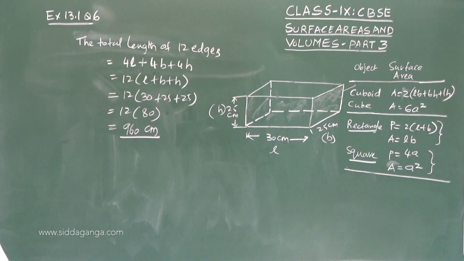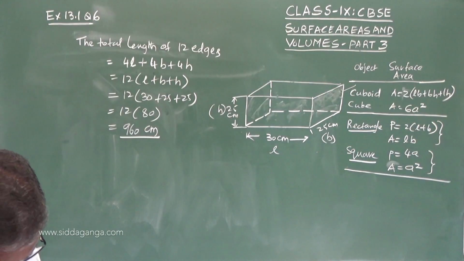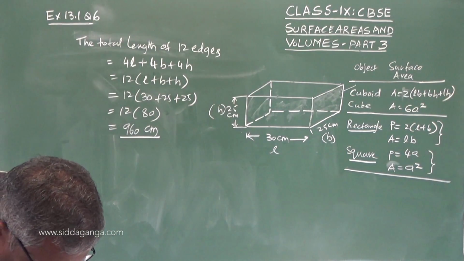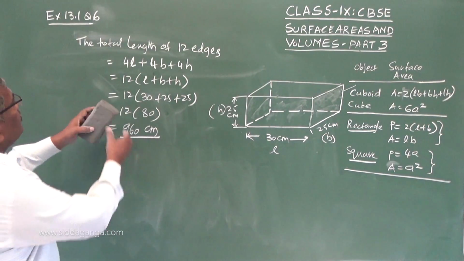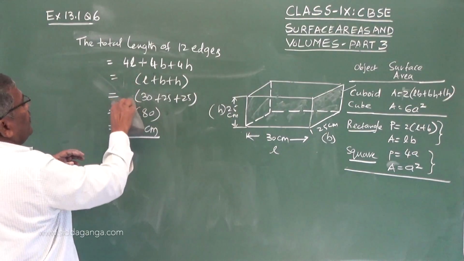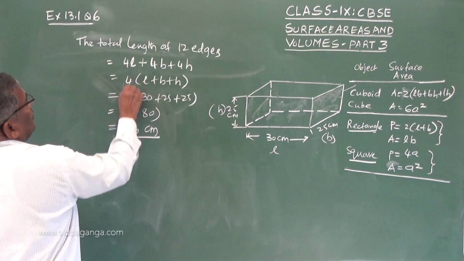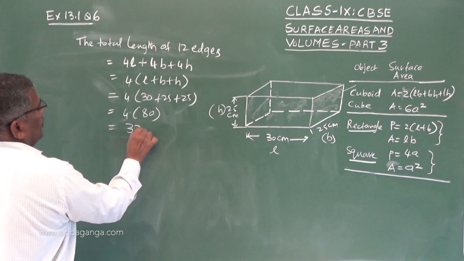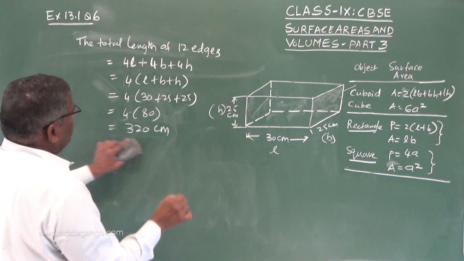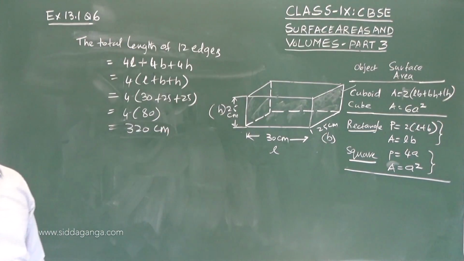I have taken 4, sorry. This is 4 times, 4 times, 4 times. So 4 times 80 is 320 centimeter.